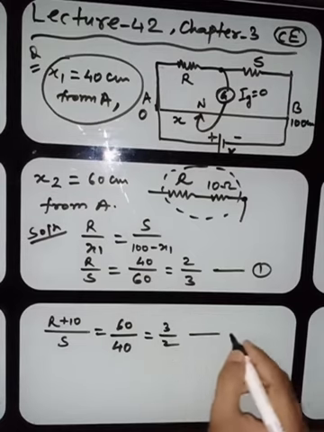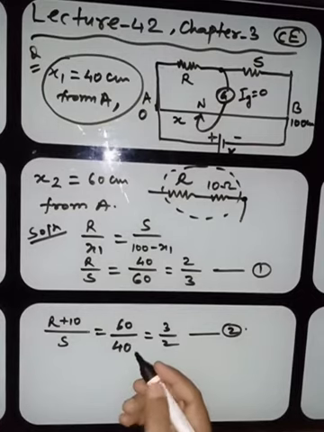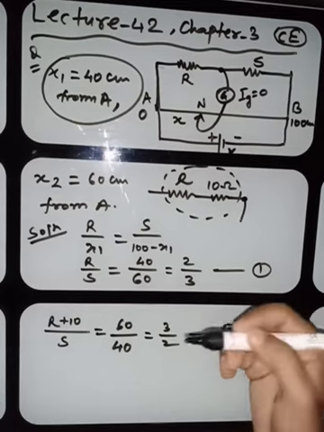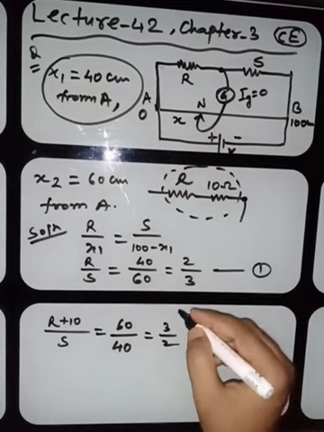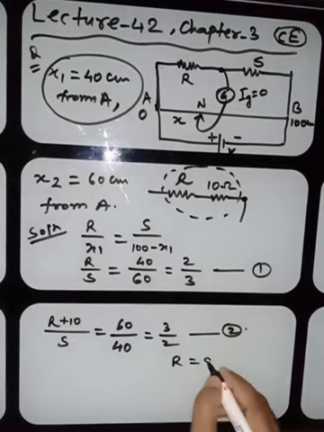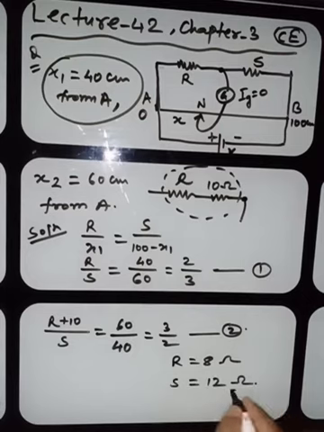This is equation number 2. Now using these two equations, you can solve for the values of R and S. Okay, my dear students, you will find R as 8 ohm and S will be 12 ohm.